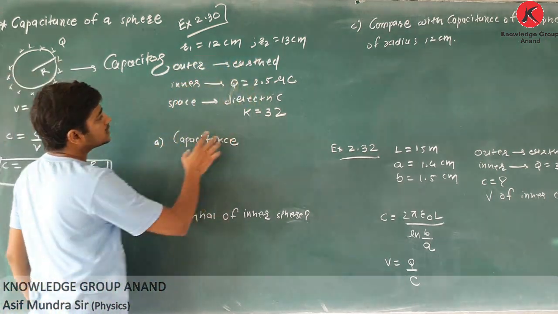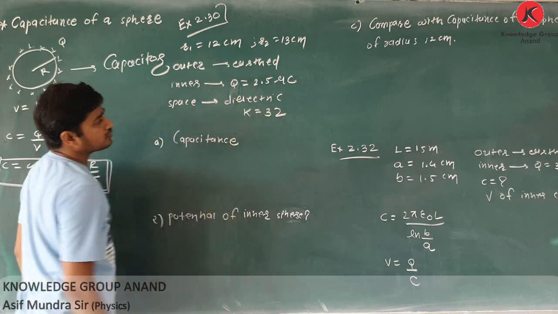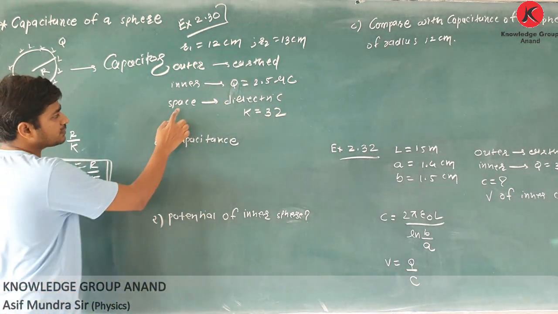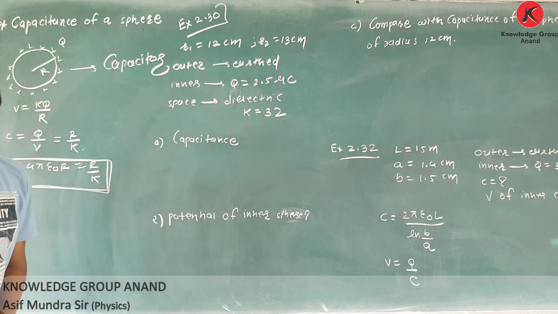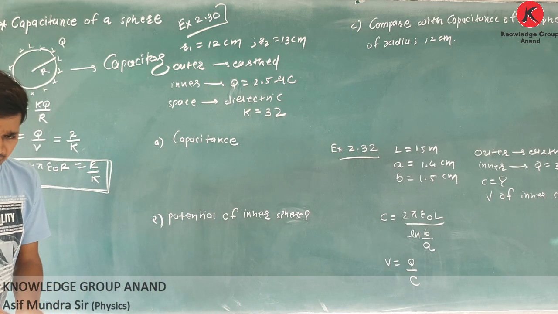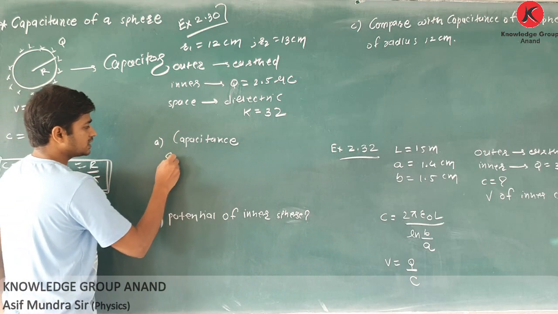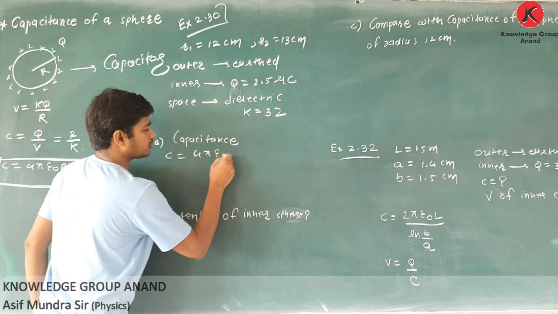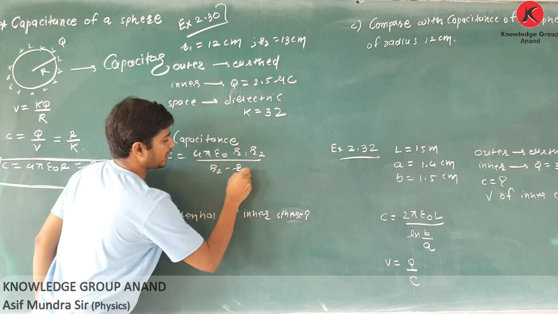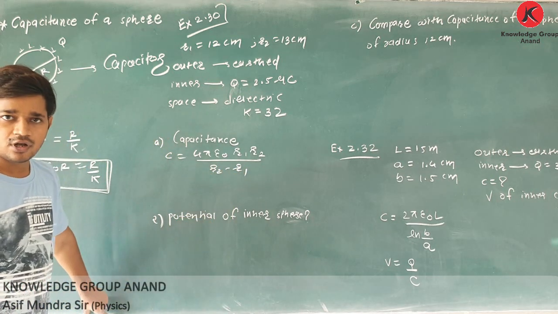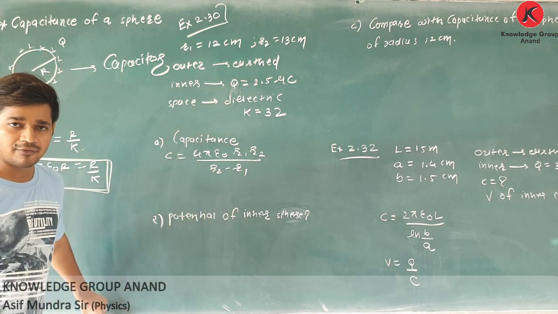The outer sphere is earthed and the inner sphere is given a charge of 2.5 microcoulomb. The space between them is filled with dielectric, K equal to 32. What is the capacitance? In the last lecture we derived C is equal to 4 pi epsilon 0 R1 R2 upon R2 minus R1.